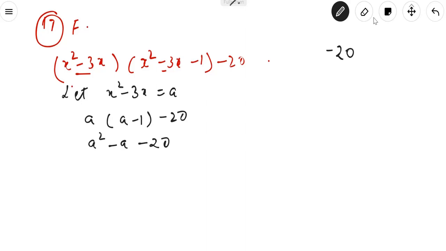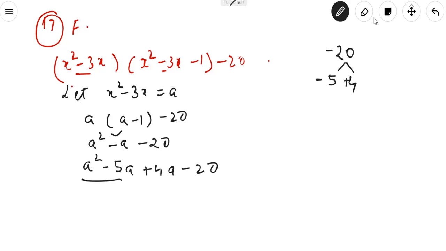So 5 into 4. I have to get 5 fours are 20. As this is minus here, this becomes minus and this becomes plus. So this becomes a square minus 5a plus 4a minus 20.